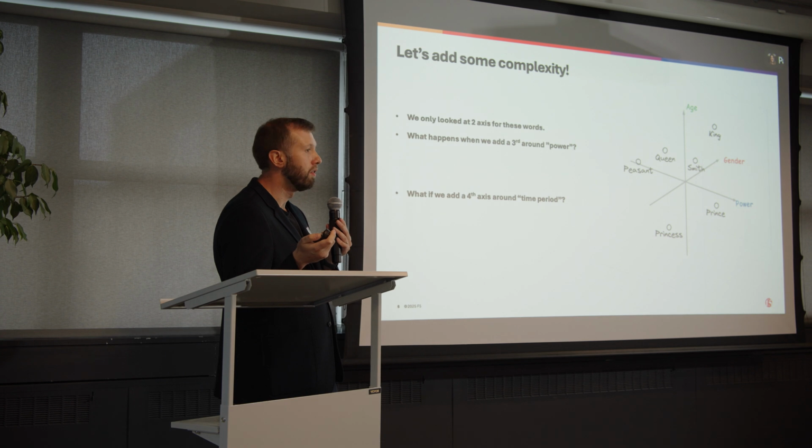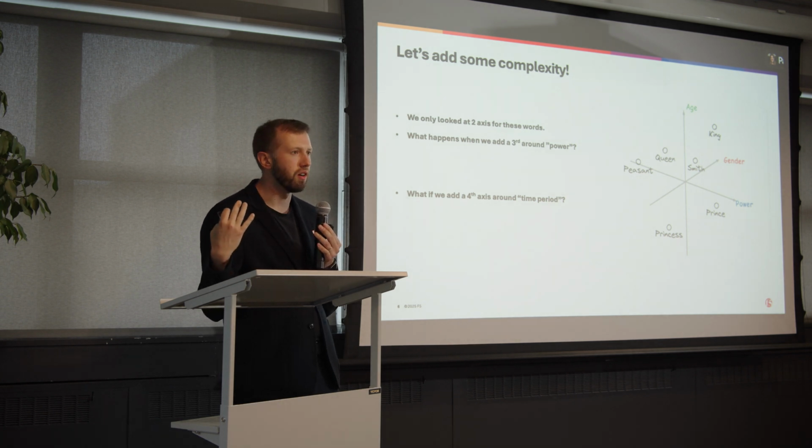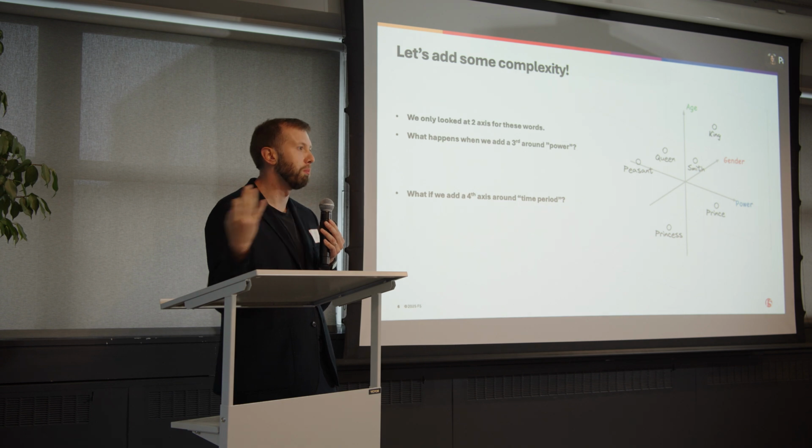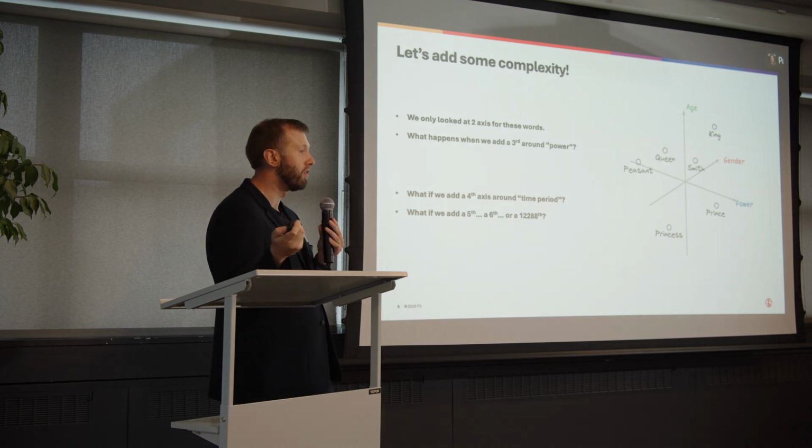What about adding a fourth axis around time period? If we looked at king in a modern age with the same criteria we defined before, that would potentially be something like president. What if we add a fifth, or a sixth, or a 12,288th axis?